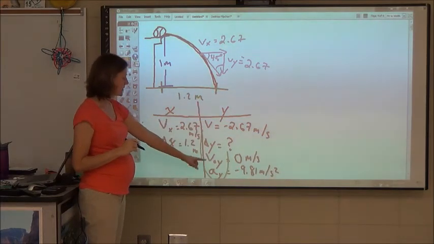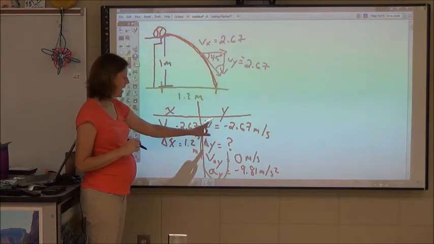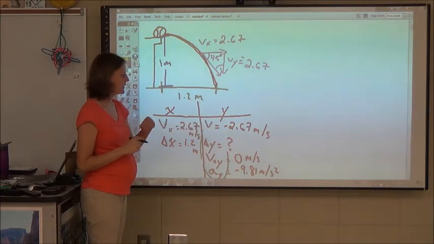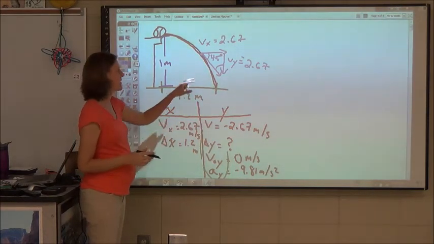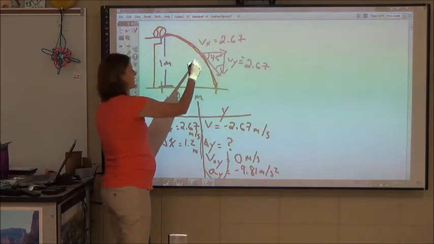Okay, so our question is sort of what is the displacement? I know that the velocity at the moment where I want to find this displacement is negative 2.67 meters per second.